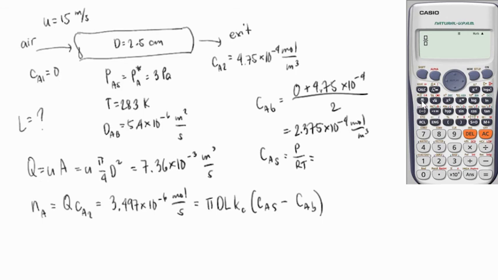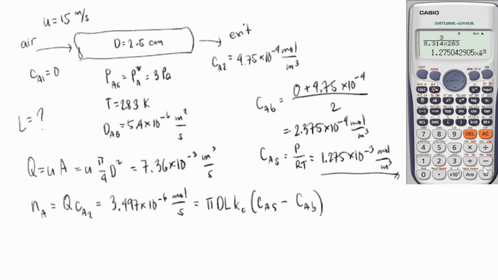Substituting, our partial pressure, the vapor pressure, is 3 pascals divided by 8.314 times the temperature 283 Kelvin. Our surface concentration is 1.275 times 10 raised to negative 3 mole per cubic meter.